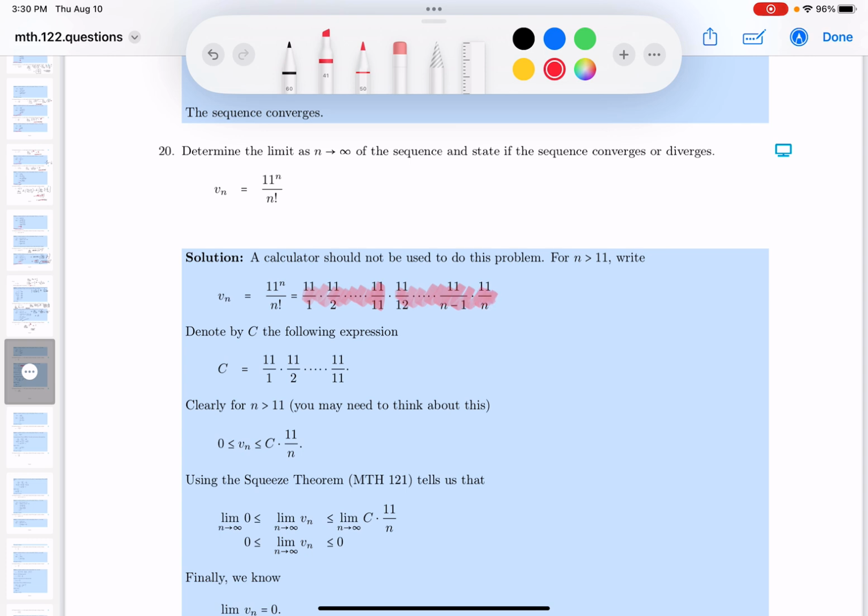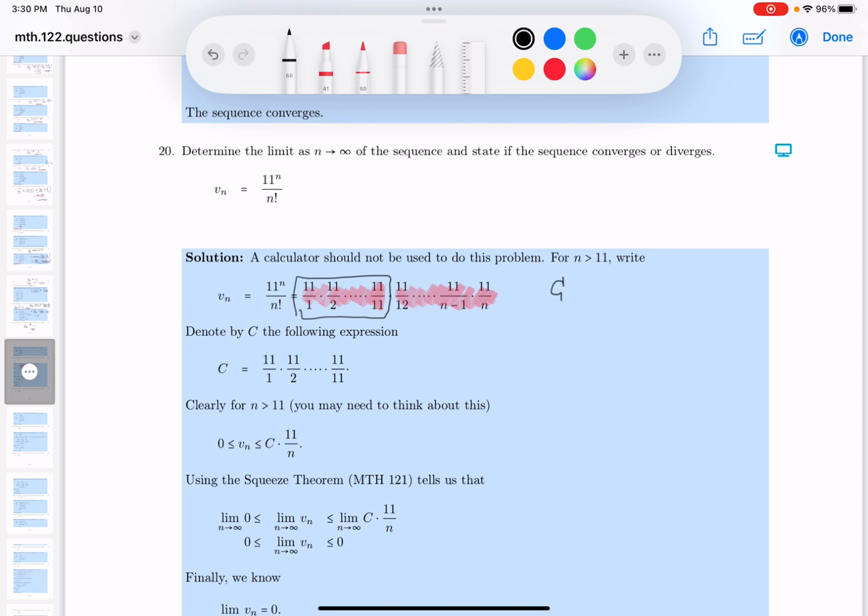So what I want to claim is that the beginning part of this, I can clearly understand that. I know that's some number. I'm going to say it's some number C. So this beginning part, like 11, there's going to be certainly 11 factors of 11 and 11 factors on the bottom.